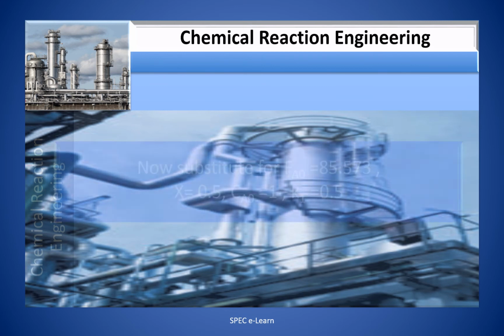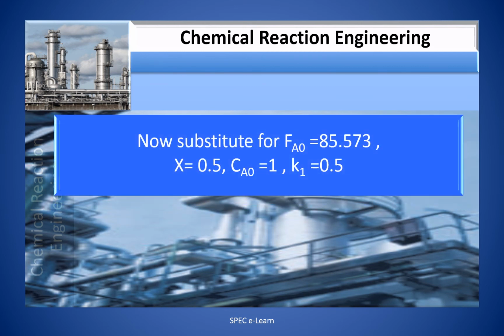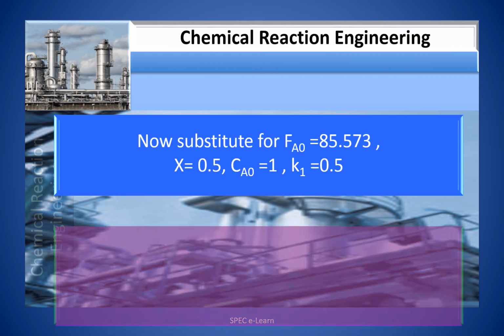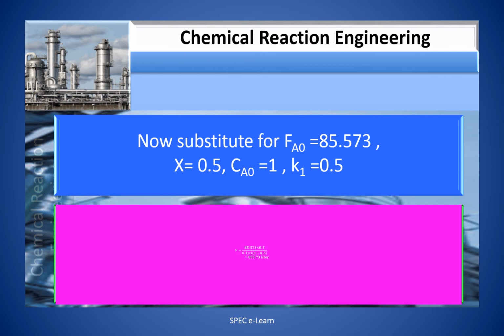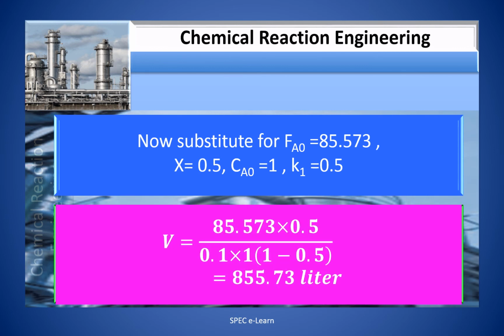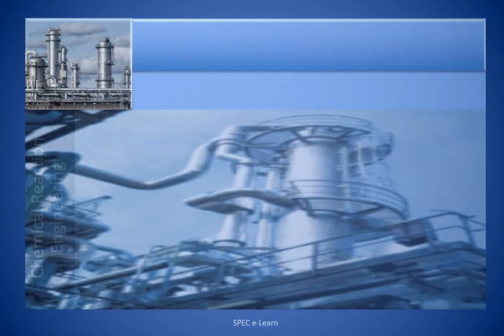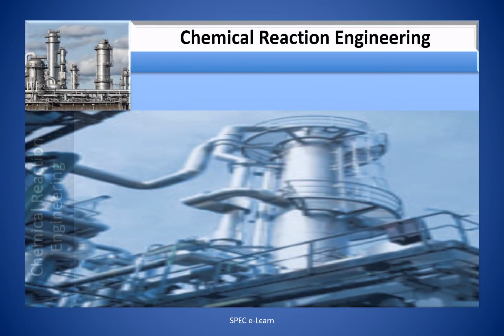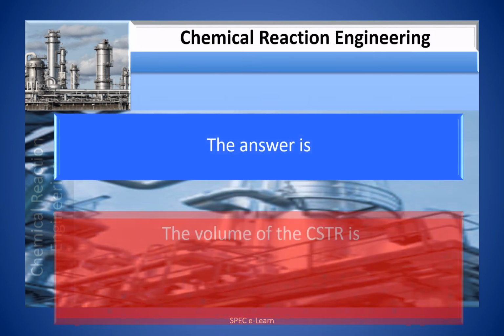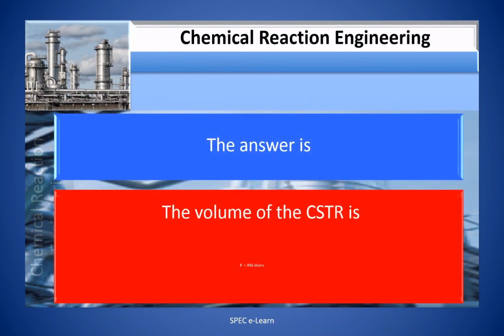Now substitute Fa0 equal to 85.573, X equal to 0.5, Ca0 equal to 1, k1 equal to 0.5. The V works out to 85.73 liter. So the answer is the volume of the CSTR is V equal to 856 liters.